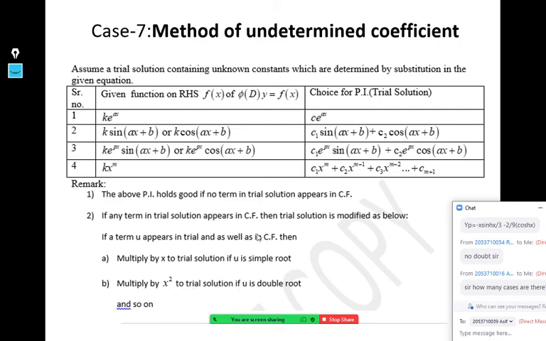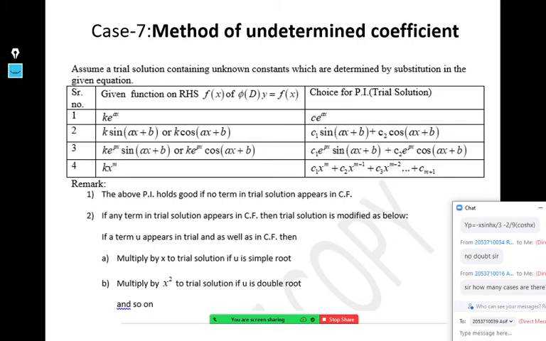In general, if you observe this, it looks very complicated. When we see the example, then only it becomes clearer. Depending on the RHS, we have to select the PI, and then we have to find out the constants involved in that PI.